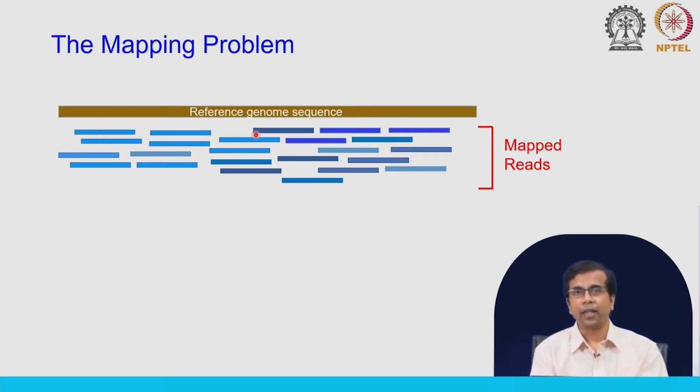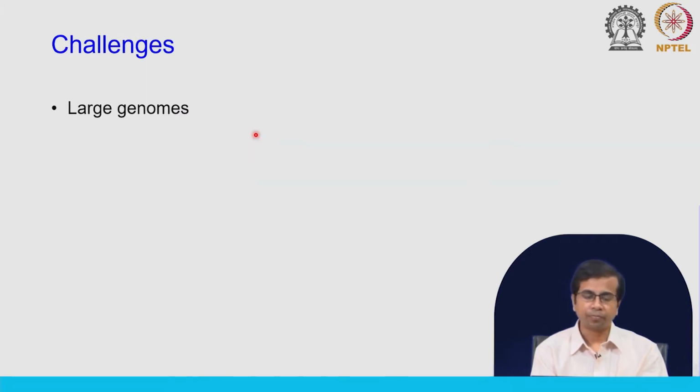So, what are the major challenges here? Okay. So, the first challenge is that we work with large genomes. Most of the data that you will see, for example for the human genome, will be huge. This is like 3 into 10 to the power 9 bases. If you work with plants and mammalian genomes, these are really big genomes.